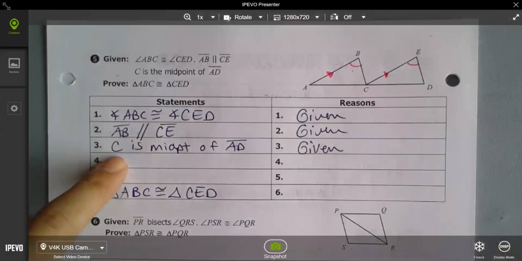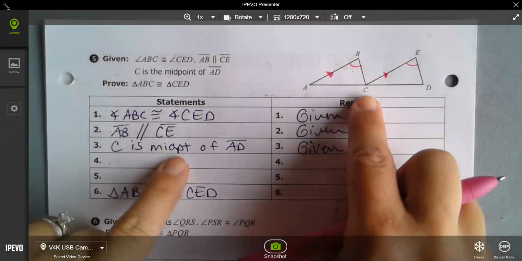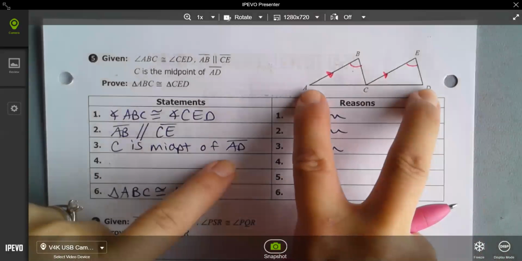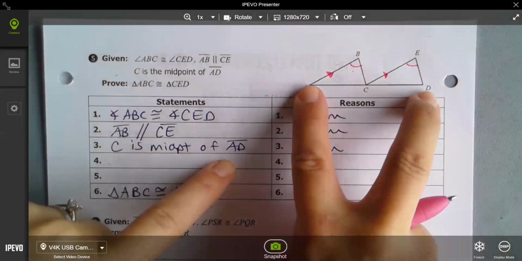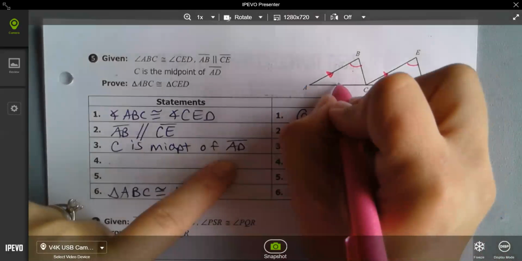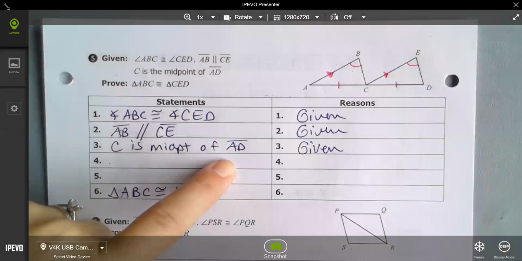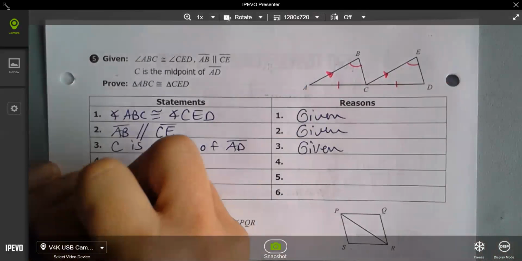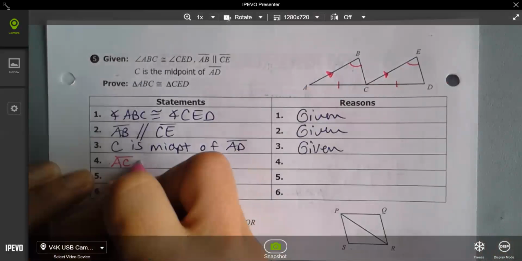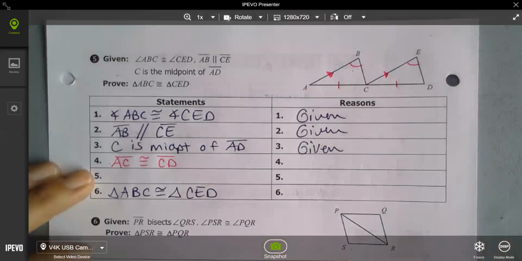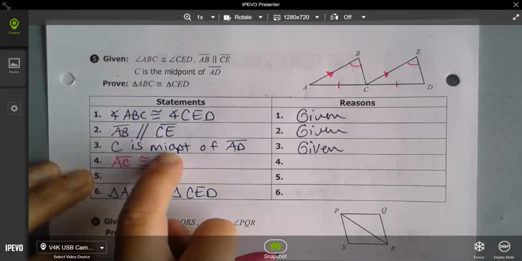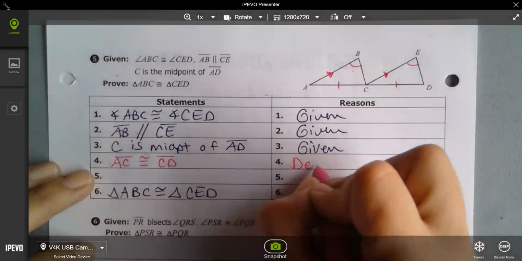And we have that C is the middle of AD. Okay, how do I mark that? C is in the middle of AD. What does that create for me? I have two equal pieces. This one and this one are now equal to each other. So we can write AC is congruent to CD. And how did I know that? Because I knew what the definition of midpoint was.